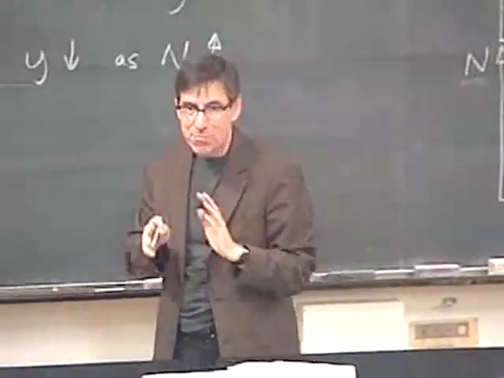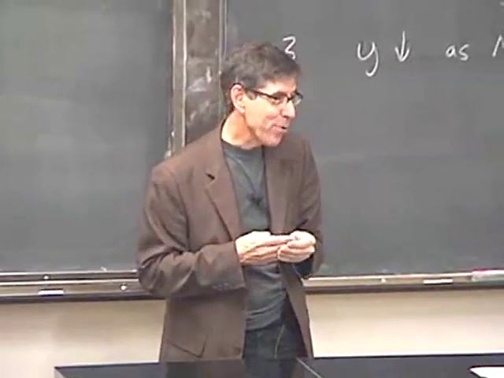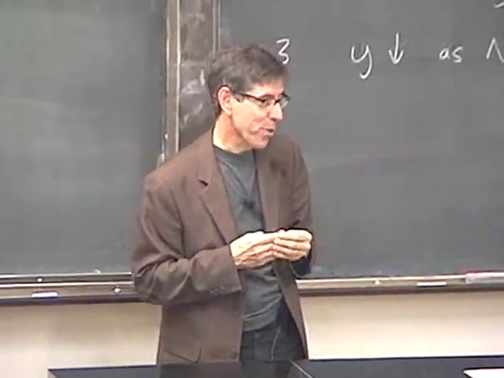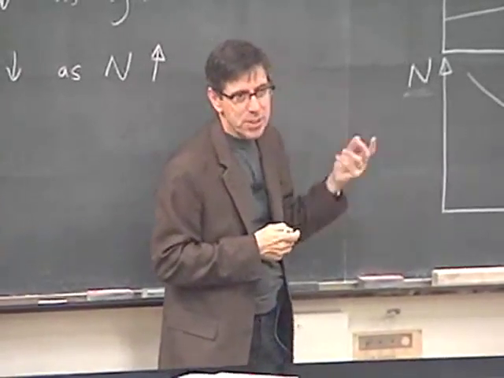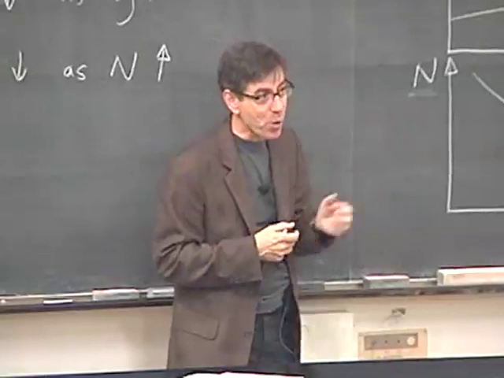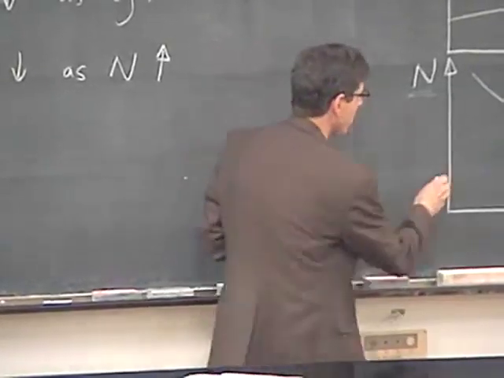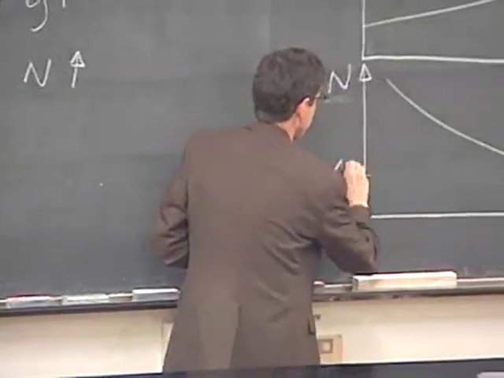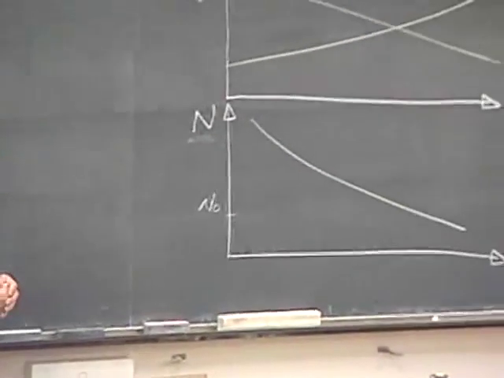And as I say, these are very simple assumptions about how pre-industrial societies would have to operate. And then to see what's going to happen, all we need to do is let's just start with some arbitrary population. And so let's start with some low level of population, N0 here. What will happen in this society?